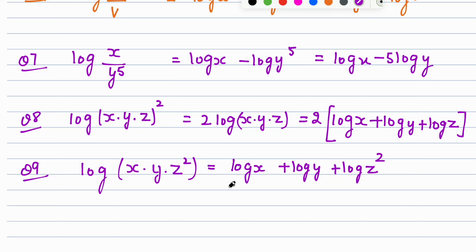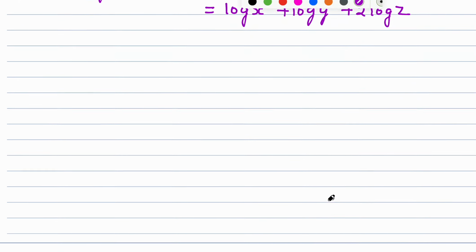Now here I can apply the power rule. So that is log of x plus log of y plus 2 log of z, right? Okay, so I hope it is clear how we deal with the powers.